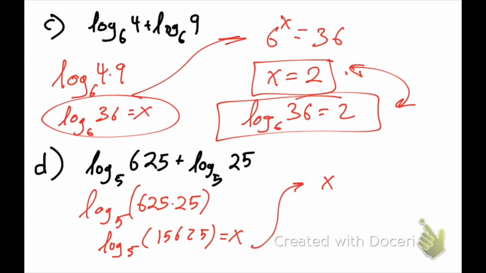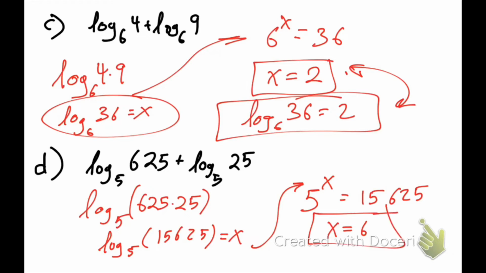So 5 to what power is equal to 15,625? Well, that would be to the 6th power. So 5 raised to the power of 6 will equal 15,625. Now another type of question you might see, I might say something like this.